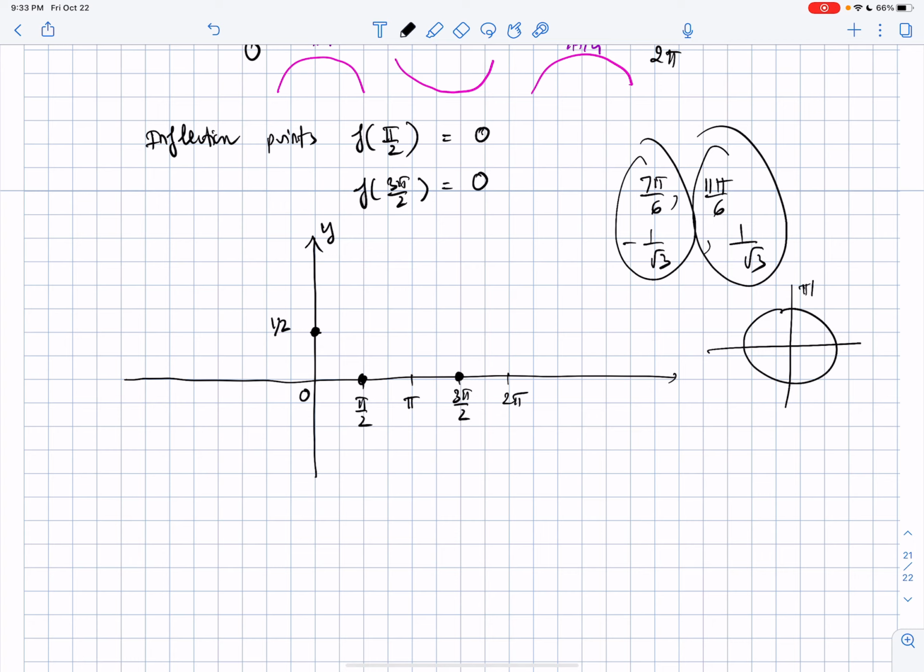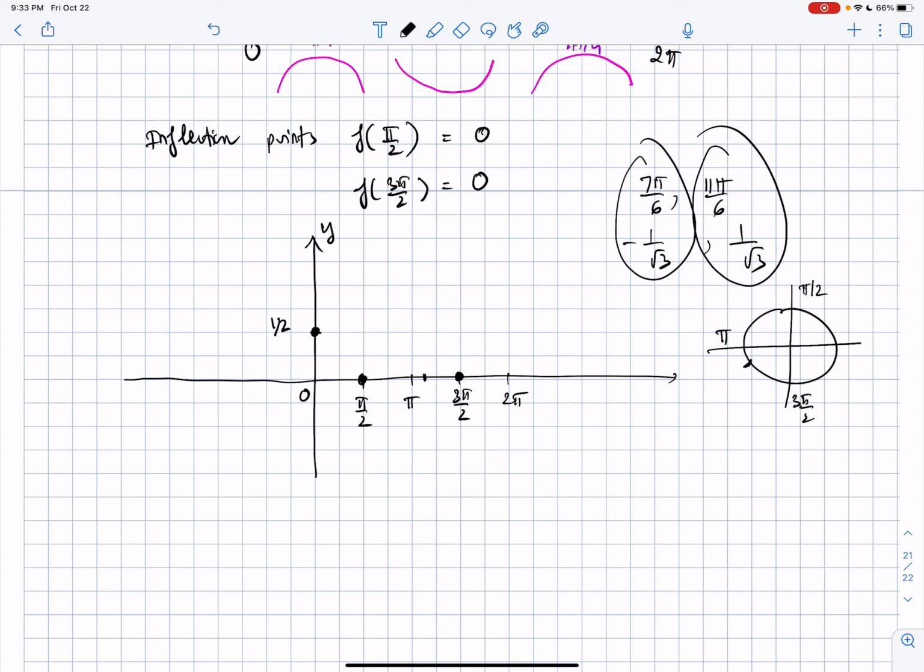So we have pi over 2 right here, pi, and then 3 pi over 2. 7 pi over 6 is this, so it's past pi a little bit.